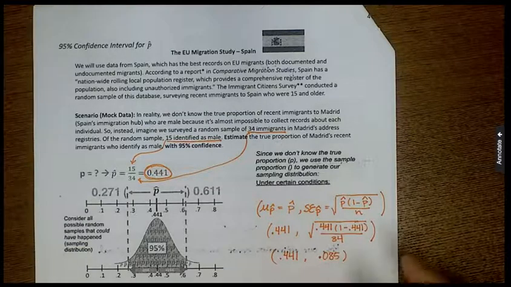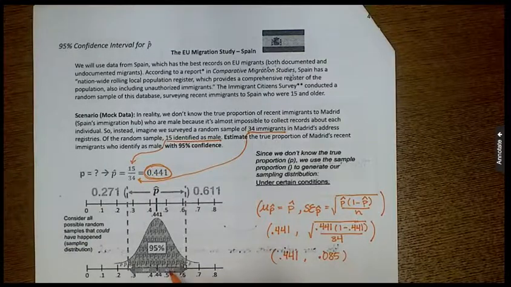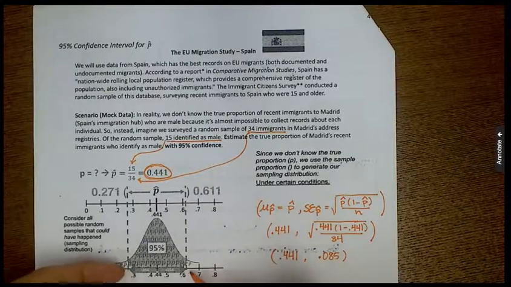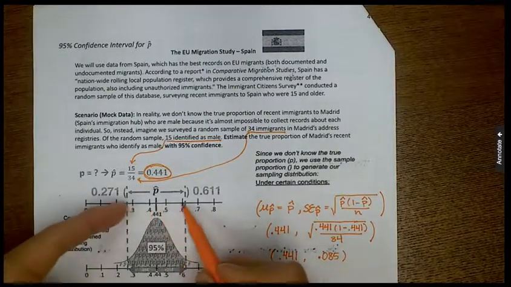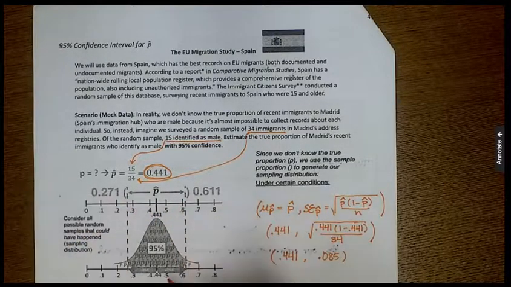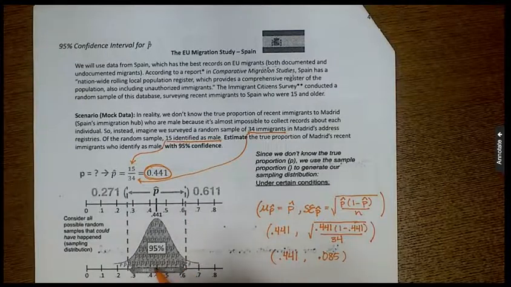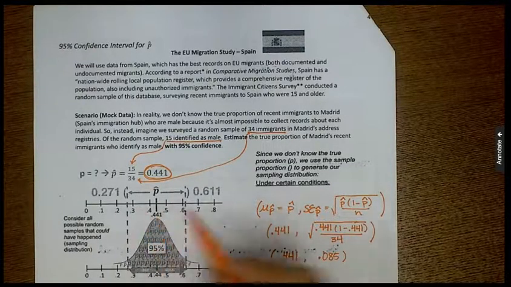My standard error is just like a standard deviation. It's the distance that I'm going to go out on either side to get to this 95%. But remember, this is 2 standard errors each direction. So 2 standard errors this way and 2 standard errors this way will give me that 95%.